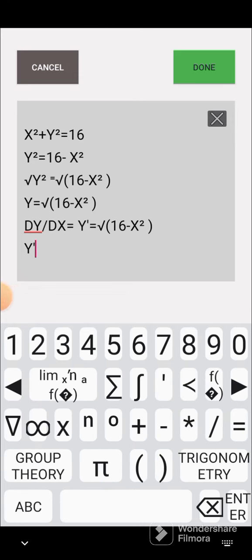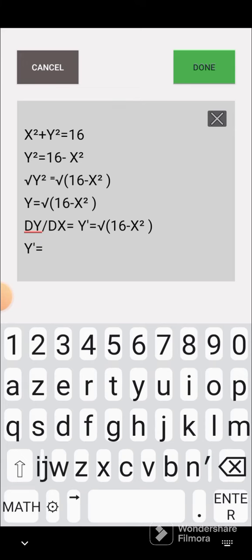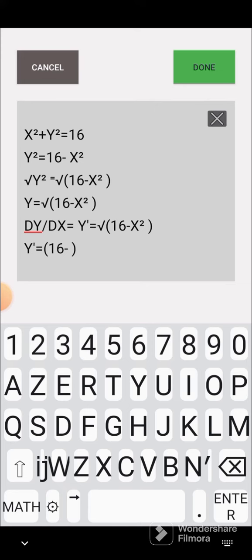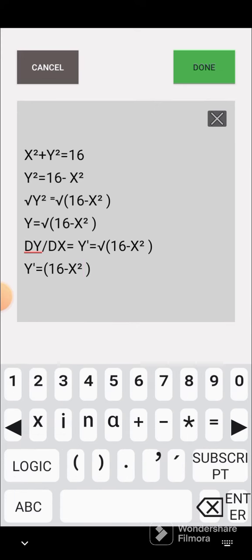Our derivative of y is equal to the square root of 16 minus x squared. The square root can also be written as raising to the power of one over two.